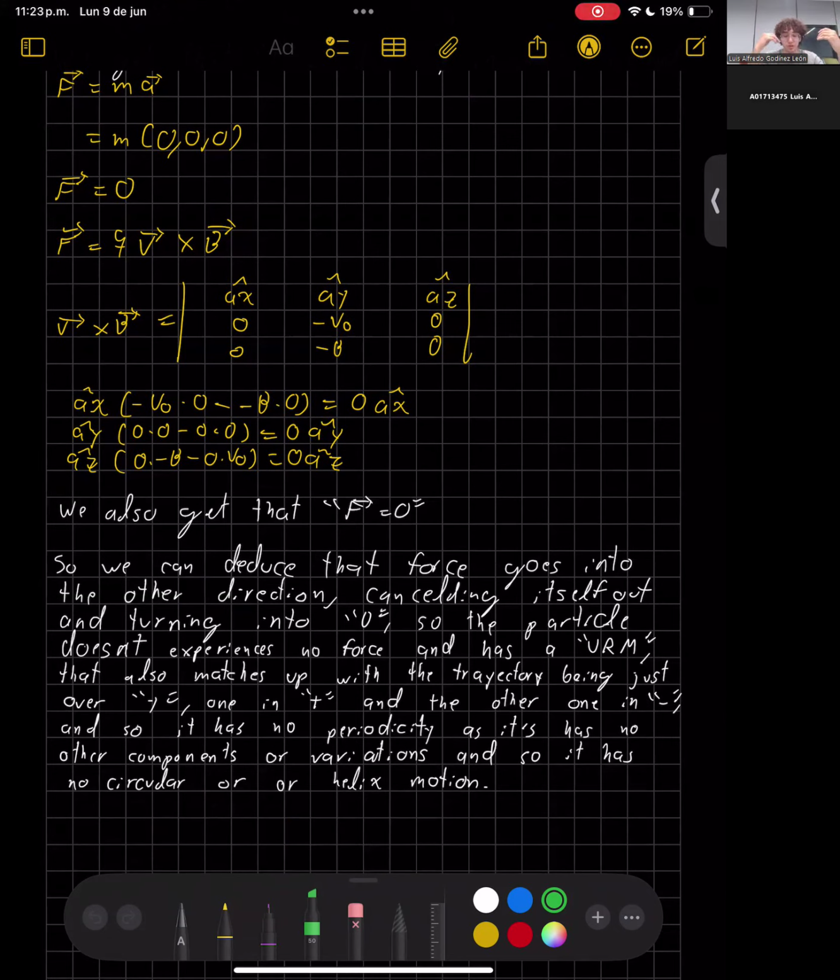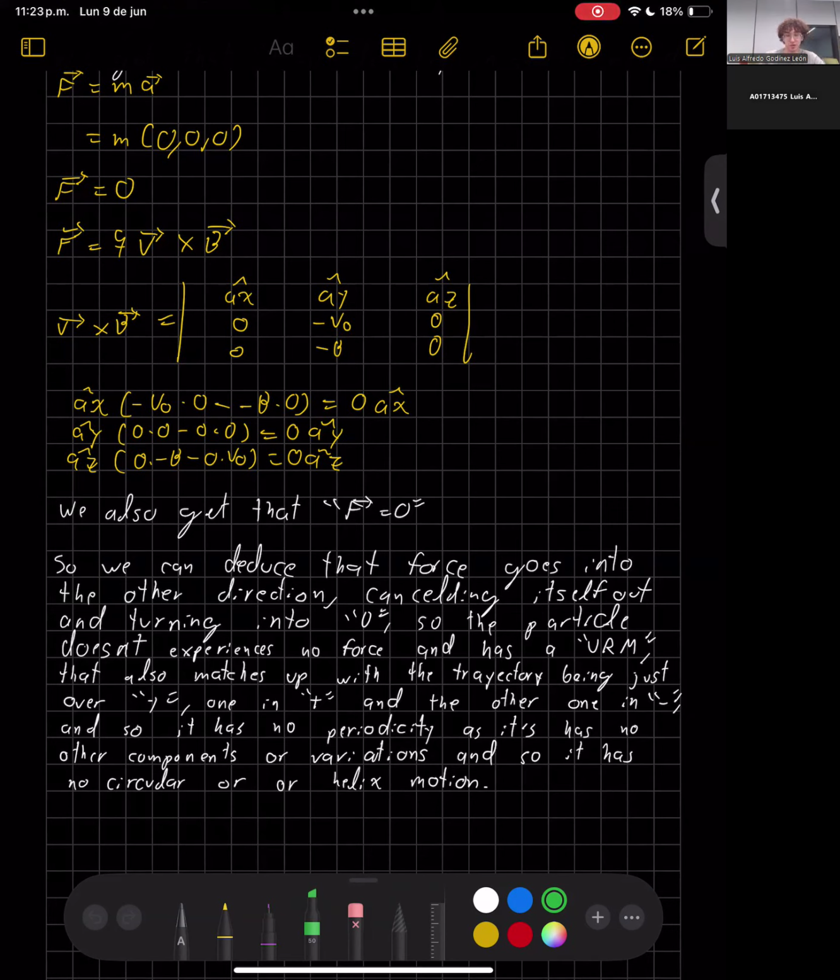So the particle is not experiencing any force or acceleration, and it has a URM, a uniformly rectilinear movement, that also matches up with the trajectory being just over the y-axis, in the positive direction, and the other one in negative, that is going to be the force.